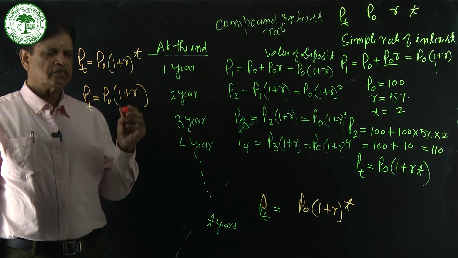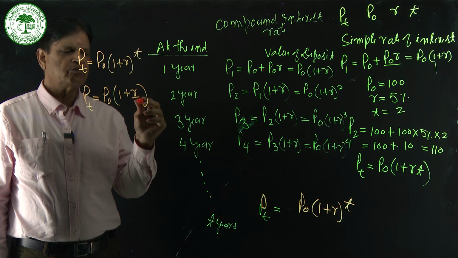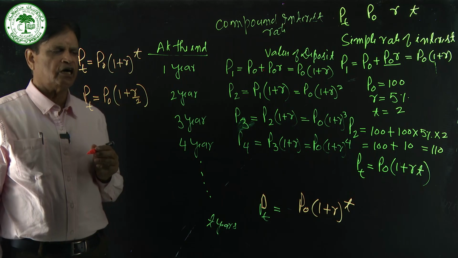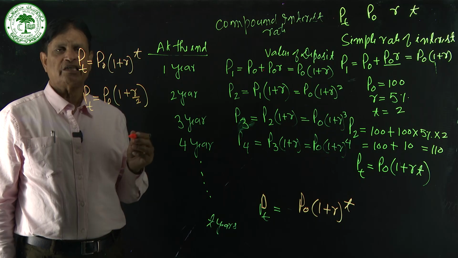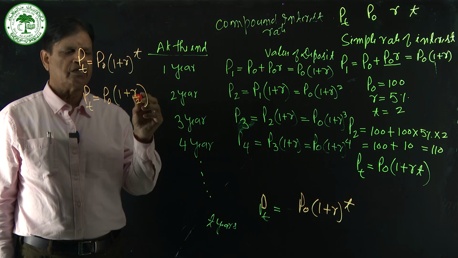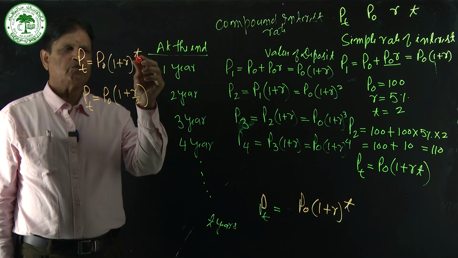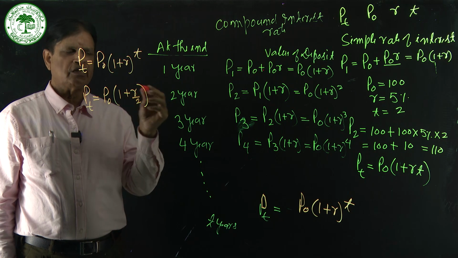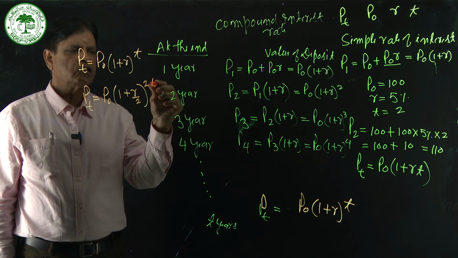If interest is compounded 2 times in a year, then we will divide R by 2, because R is the interest rate for the year and here we are calculating interest for 6 months. So the interest for 6 months will be R divided by 2. And the time will not be 1 year, but now 6 monthly interest is calculated, so this will become 2T.